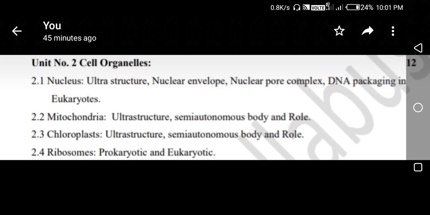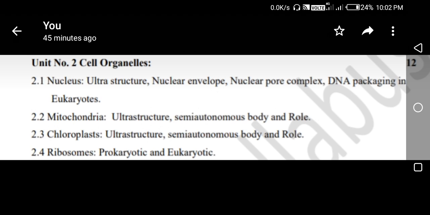That's why some proteins they synthesize and some proteins they import from the cytoplasm and nucleoplasm. That's why they are called semi-autonomous bodies. Their role we will learn in detail.